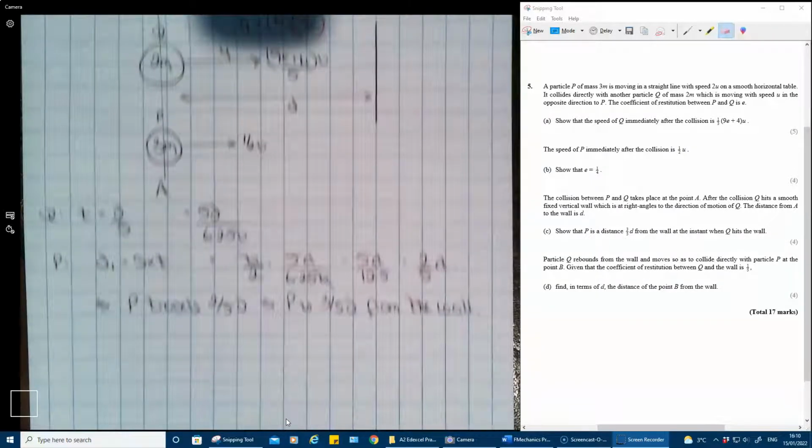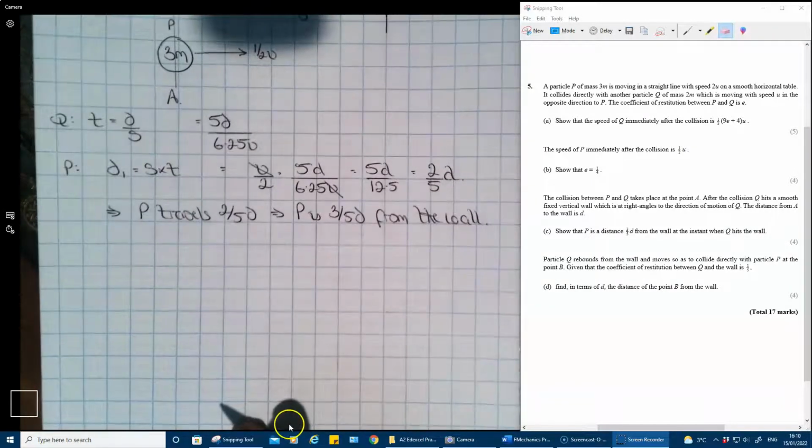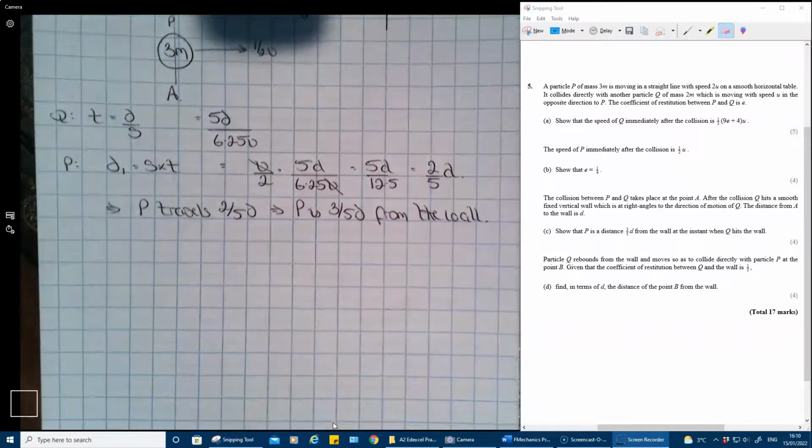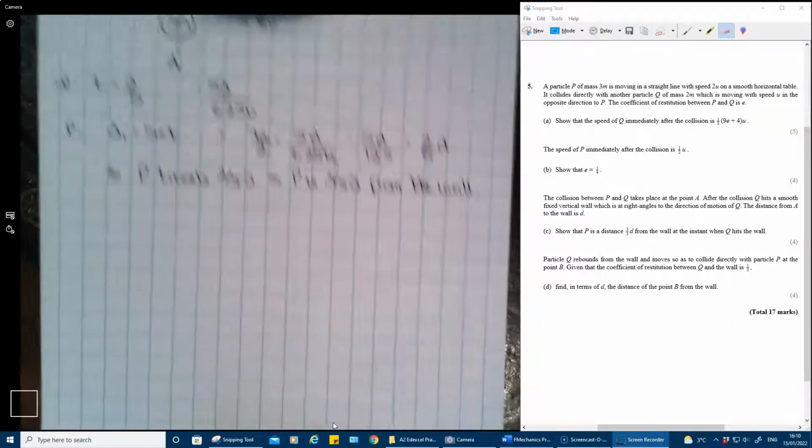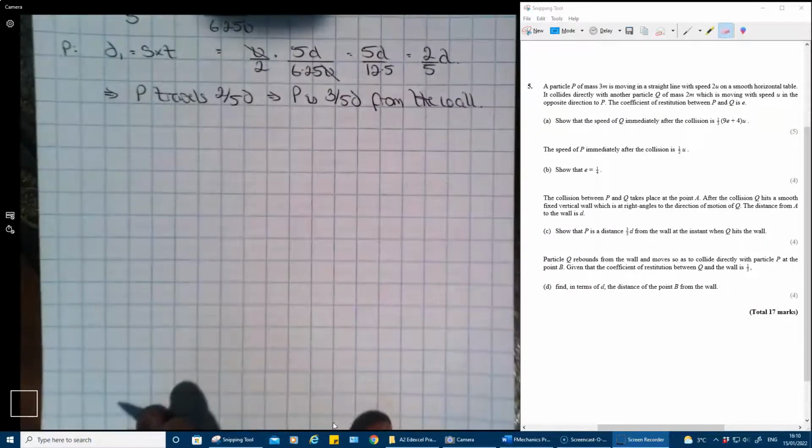Right, now, final one. We've got q rebounding from the wall and then collides. Okay, right, so let's do another diagram. I always think it's a good idea to have a little diagram to help you out.